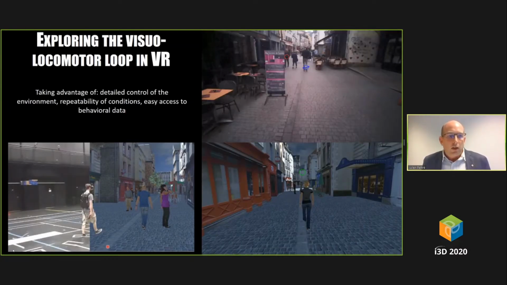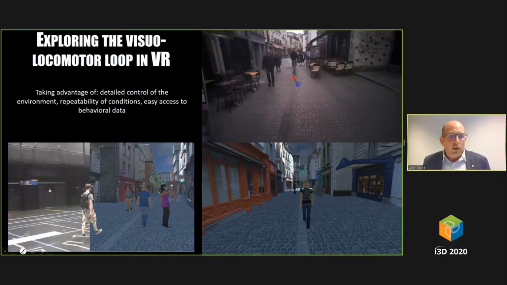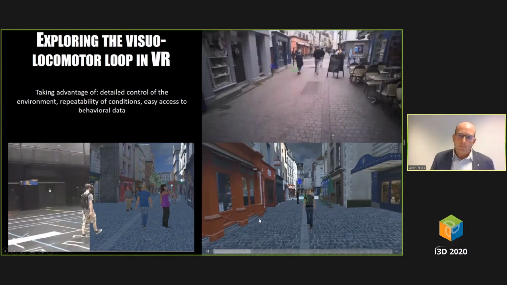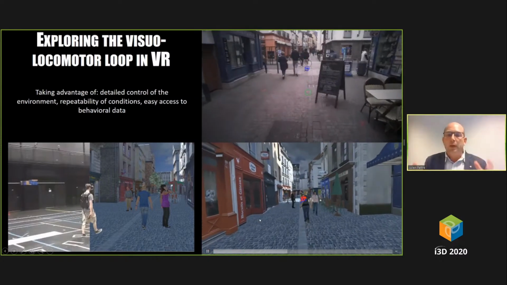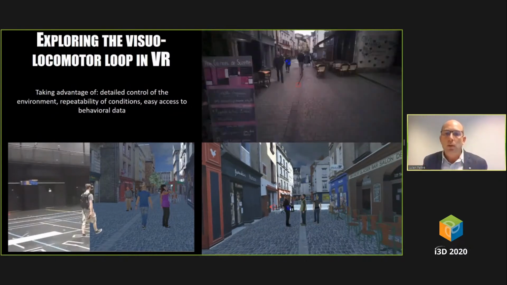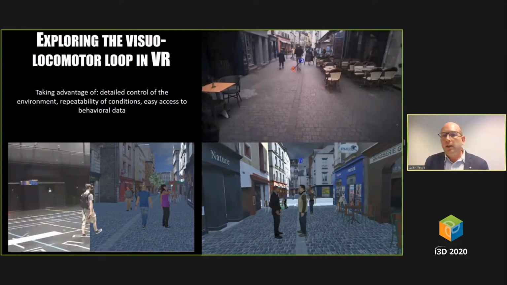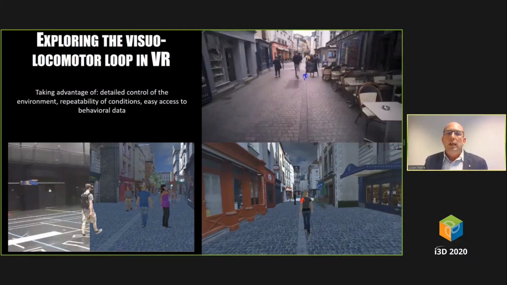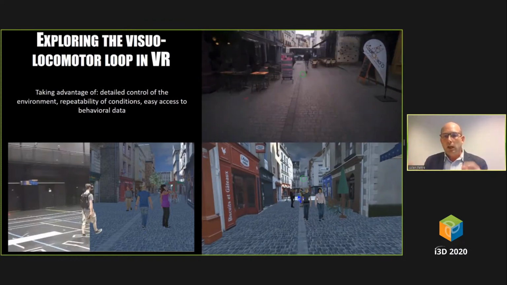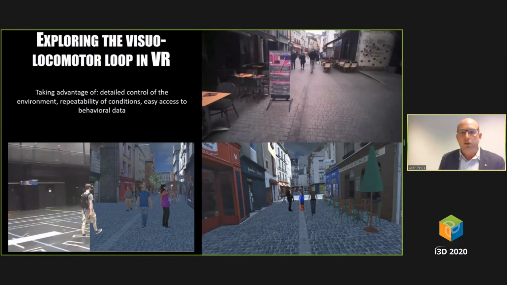Okay. You can see the efforts we have made to reproduce real environments, reproducing not only the geometries and aspect of buildings, but also the kind of people moving there, their densities and positions. And we compared both how people were moving and what they were looking at in such environments.